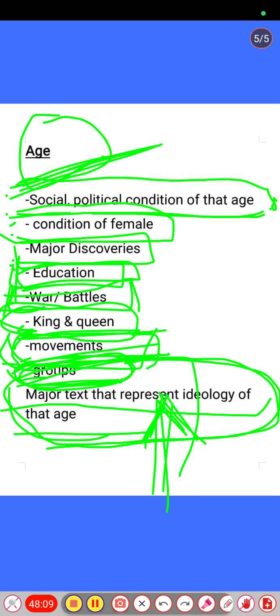So this kind of question was there. Age of Queen Victoria. Georgian period. During which time was the Globe Theatre burned? So who was the king during that age?